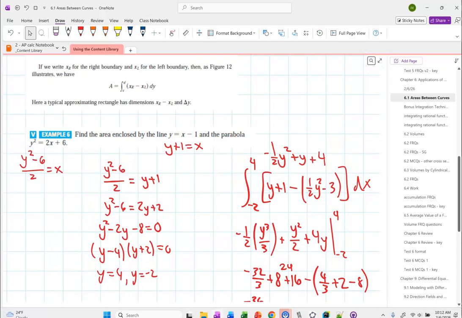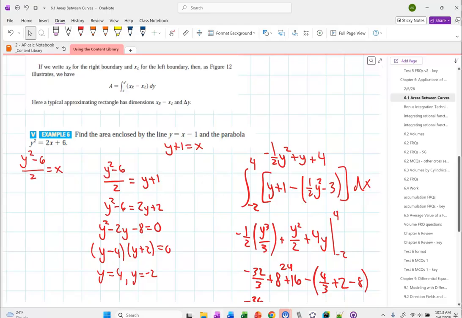That can be useful, particularly when there's something attached to y already. If you have a y squared or y to the third, I usually don't want to try to get the y by itself in those cases and deal with the hassle of plus or minuses when integrating. That's kind of a nightmare. I don't want that. Is that okay with everybody?